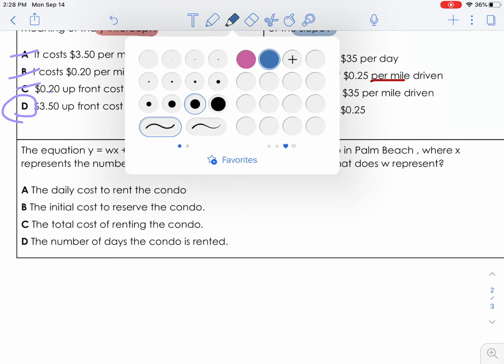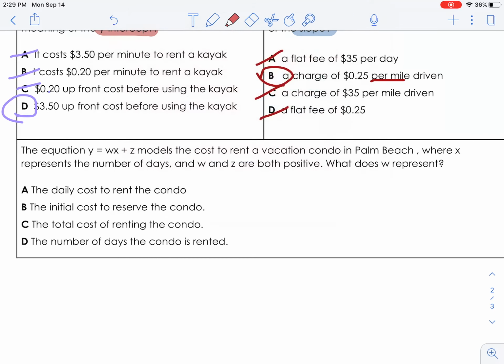All right, this last question is one that you may see on your end of course exam, and we will get there. All right, this equation, y equals wx plus z, models the cost to rent a vacation condo in Palm Beach, where x is the number of days and w and z are both positive numbers. What does the w represent? So we're going to look at the w. If this were y equals mx plus b, notice how the w is in the position of the m, which is the slope.